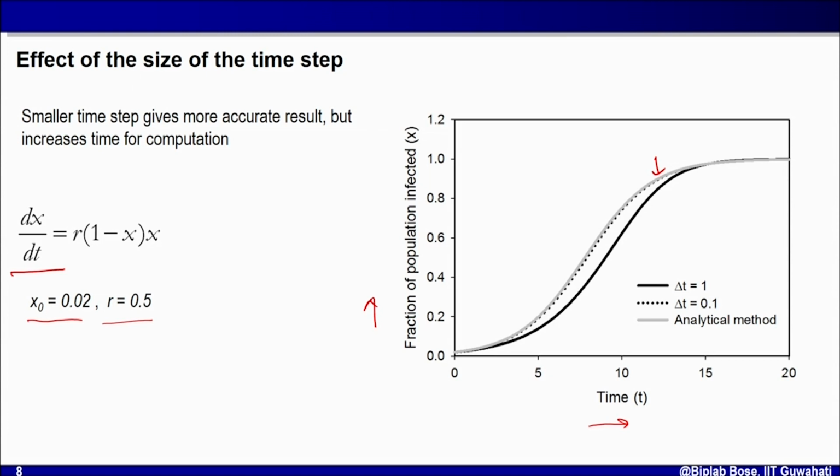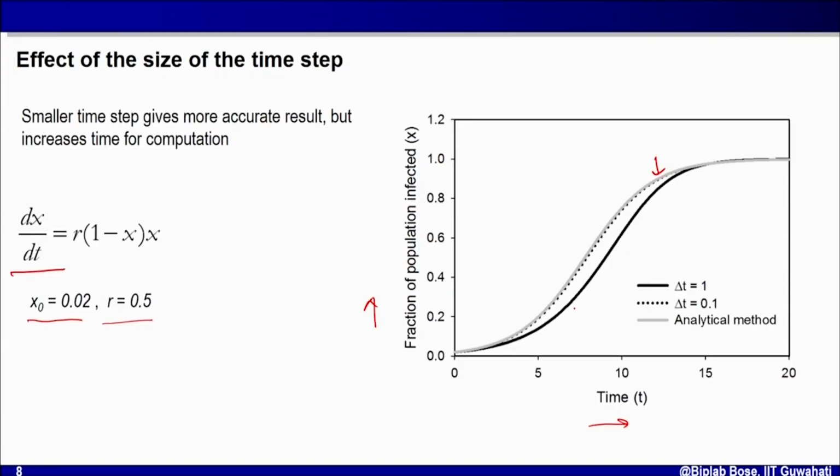We have done it earlier. I have done the numerical simulation using Euler's method, using delta t as 1 and delta t as 0.1. So one delta t is bigger than the other. The black line shows my result from Euler's method when delta t is 0.1, whereas the dotted line shows the result from Euler's method when delta t is 0.1.